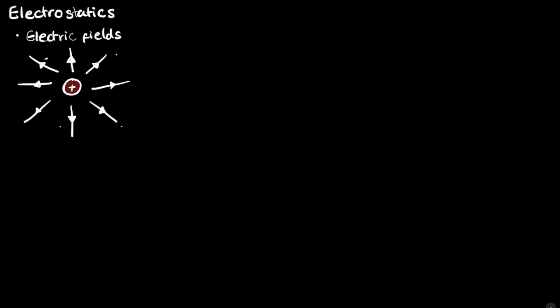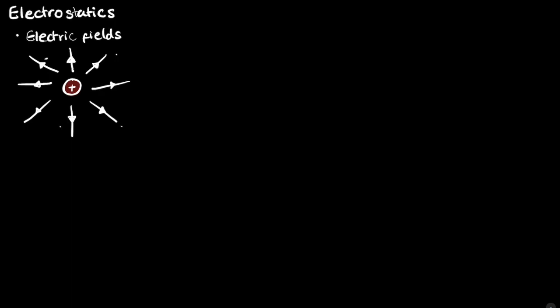A useful thing to always remember is that a positive charge will generate a field which goes outwards. The way I remember it is, if you're more positive, then you're outgoing. So a positive point charge is going to have an outgoing field which goes radially out.